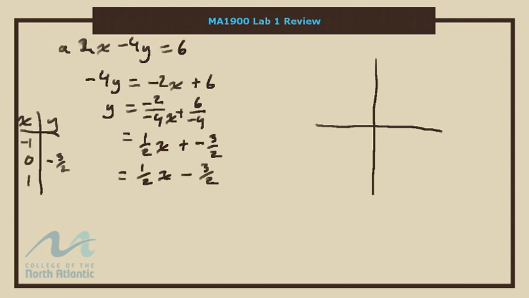When x equals minus 1, 1 over 2 times minus 1, minus 3 over 2, that's going to give me minus 1 over 2 minus 3 over 2, which is minus 4 over 2, which is minus 2.